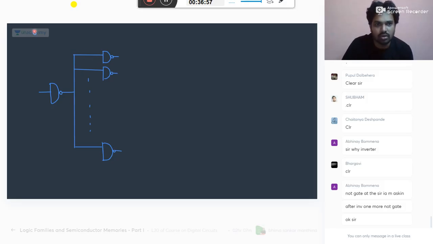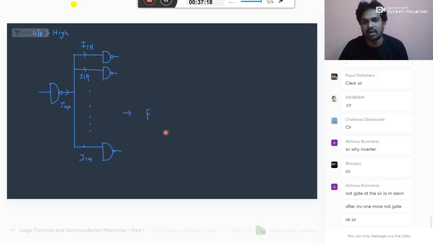When the output is high, now I am the source. I am giving some current IOH. Each input requires a current of IIH. So in this case, what is the number of gates you can connect? For a simple example, this gate requires a minimum of 1 milliampere at the input to be treated as high, and it works properly. This input requires a minimum of 1 milliampere.